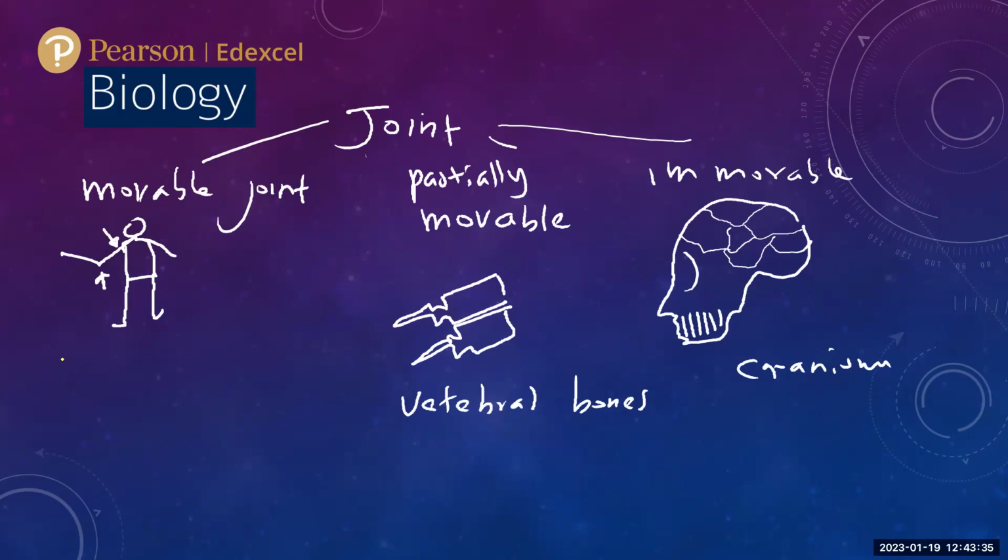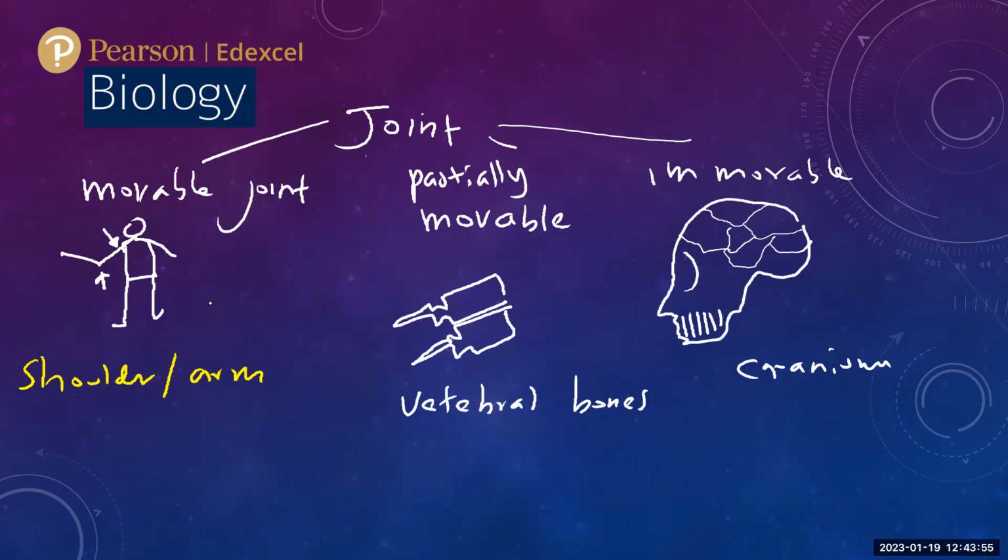And here we can find different movable joints. For example, the shoulder and the arm, the joint, we can move in any direction.